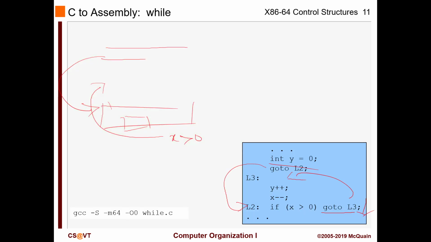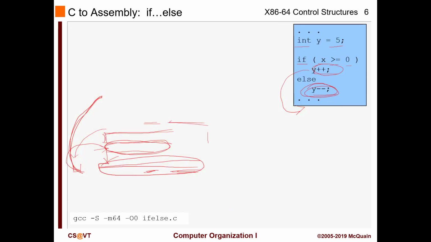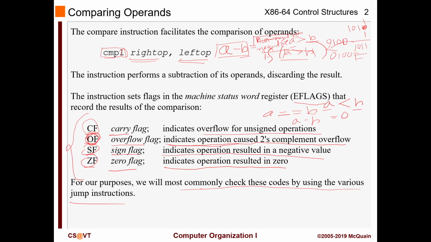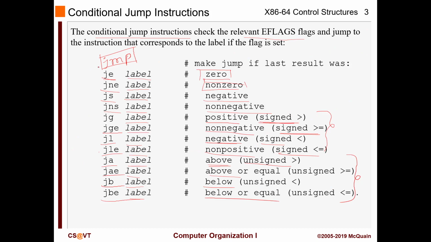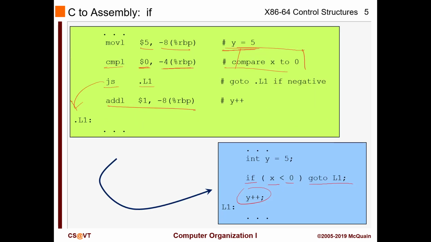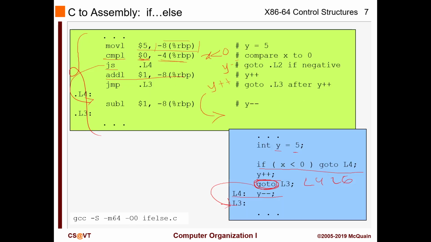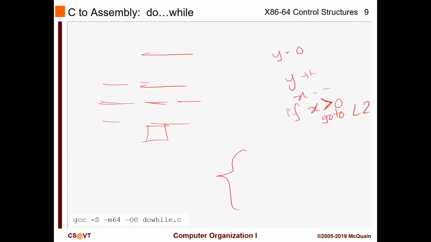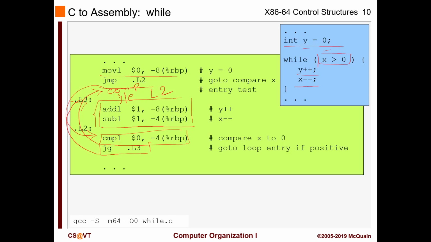Okay, so in this lecture we basically took a look at what sort of flags are going to be used. This is not going to be in the test, so you don't have to worry about it, but it's something you should know about. These are the list of jump statements we have available, and then we took a look at how an if statement works, how an if else statement works, how do while works, and how a while loop works.